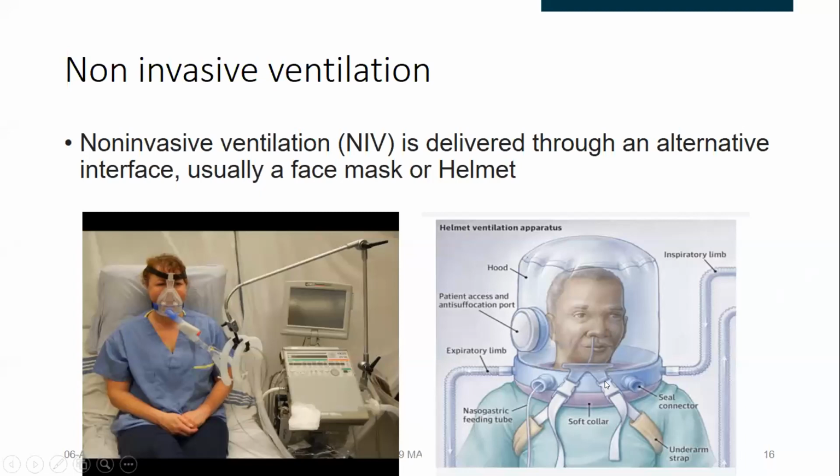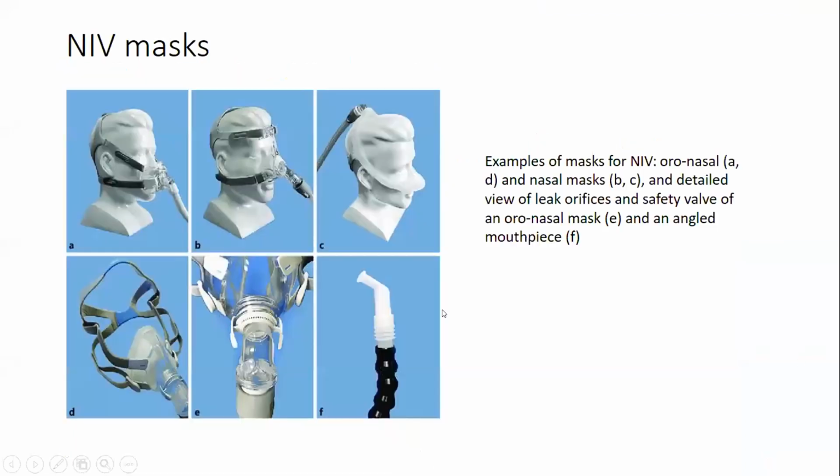This is the neck ring. And there's a soft collar or seal, as we call it, which is usually silicone that is supposed to be fairly tight, not constricting, but tight on the neck. The straps are very important, and they pass under the arm to the back and to the front, and there is an anchorage of that helmet.